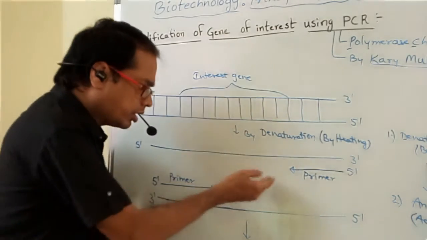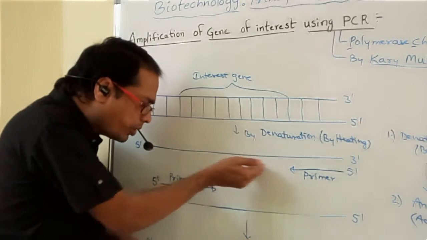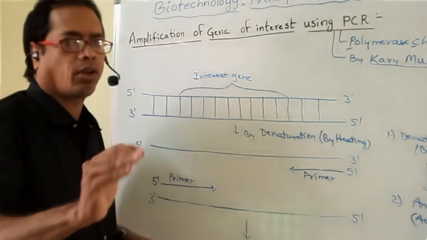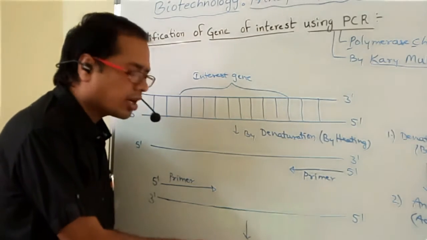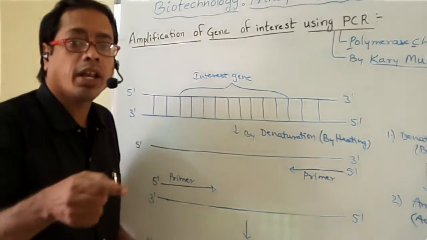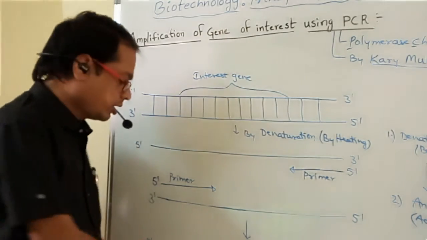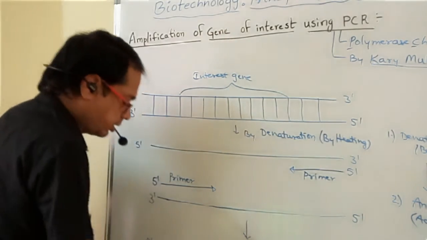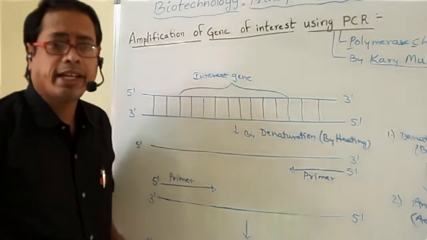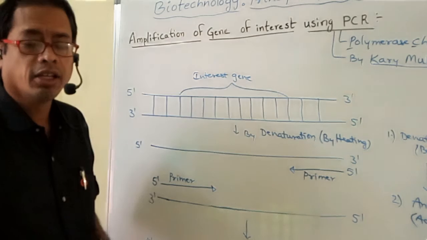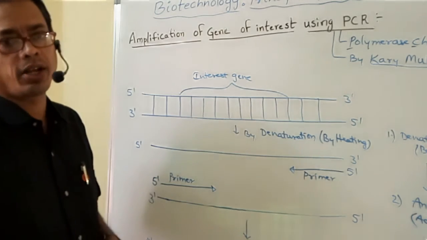Next one, deoxyribonucleotides should be added. Next, which enzyme is required? Taq polymerase is obtained. This experiment should be done in an apparatus called thermocycler apparatus.